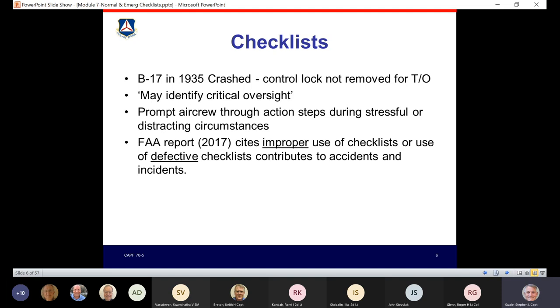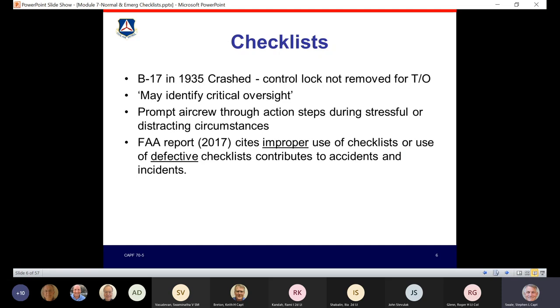And something to keep in mind is that the FAA reported in one of their studies back in 2017 that the improper use of a checklist, or the use of a defective checklist, which can even be furnished by an aircraft manufacturer, is a possible contributing factor for accidents and incidents.